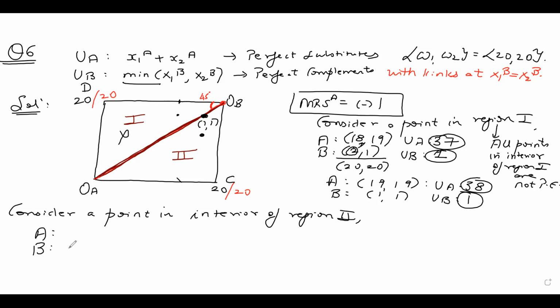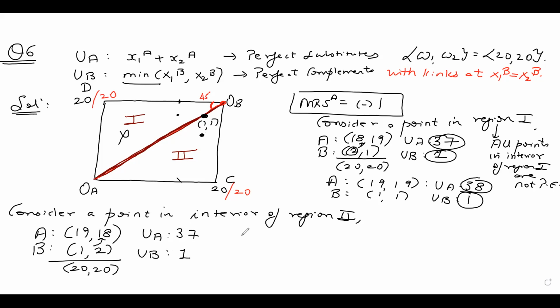If I take a point here, then from B's origin it would mean 1 comma 2. How much A has? 19 comma 18, because both should sum up to 20 comma 20. Utility which A gets from its own bundle is 19 plus 18, which is 37. Utility which B gets is min of 1 comma 2, which is 1.